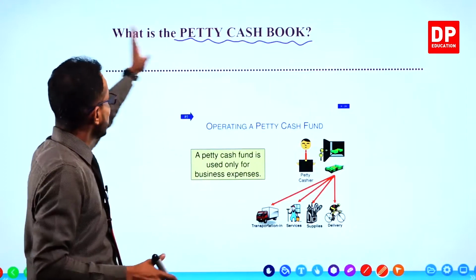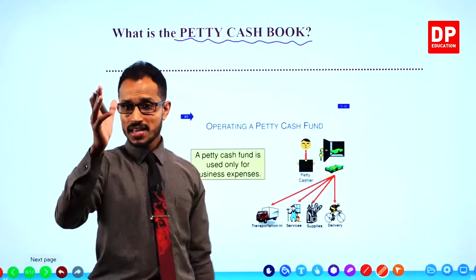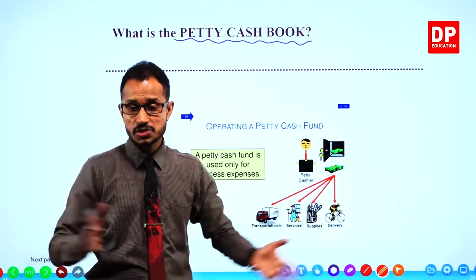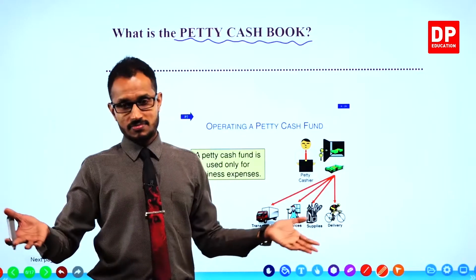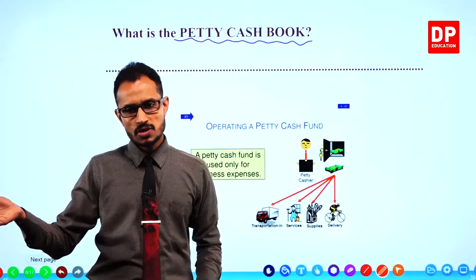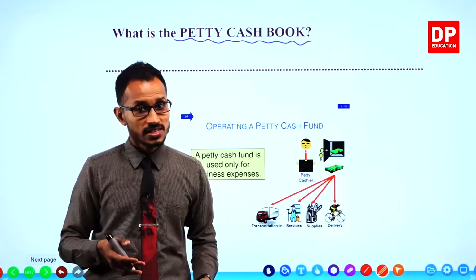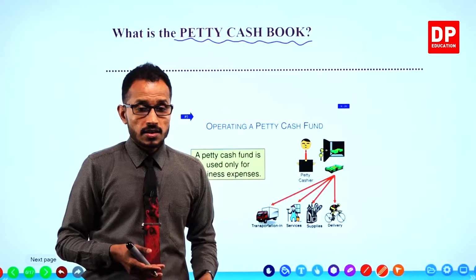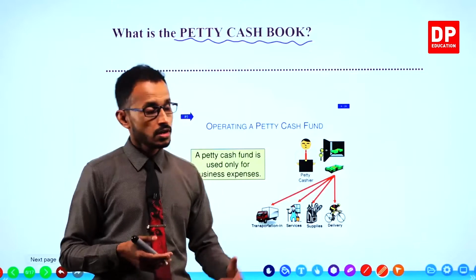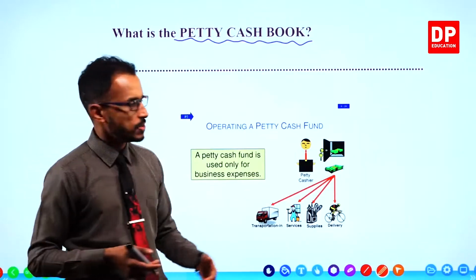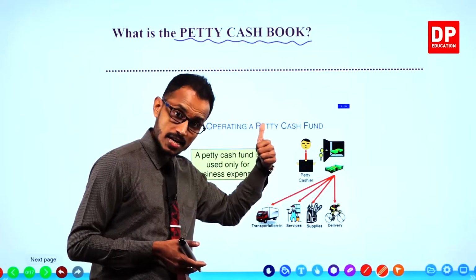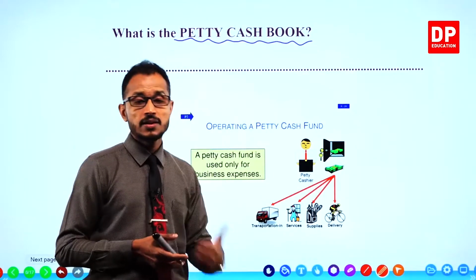Okay, this petty cash book is handled by the petty cashier. He uses the petty cash book to record petty cash transactions. Just like the main cashier has the main cash book, which we learned in our earlier sessions, and how the cash book is arranged, how the cash book is prepared.